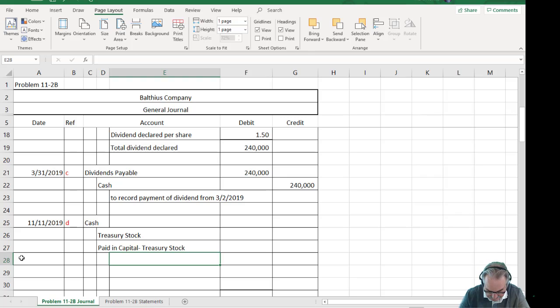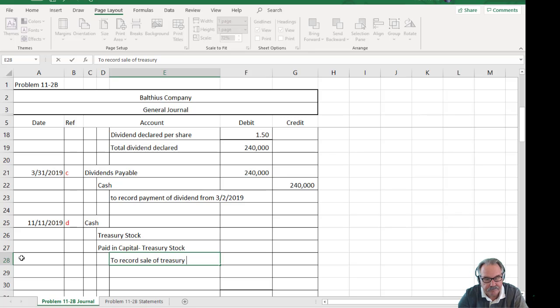We're not going to record a gain. We'll only record additional paid in capital. In effect, more capital came into the company, and we'll just say to record sale of treasury stock.